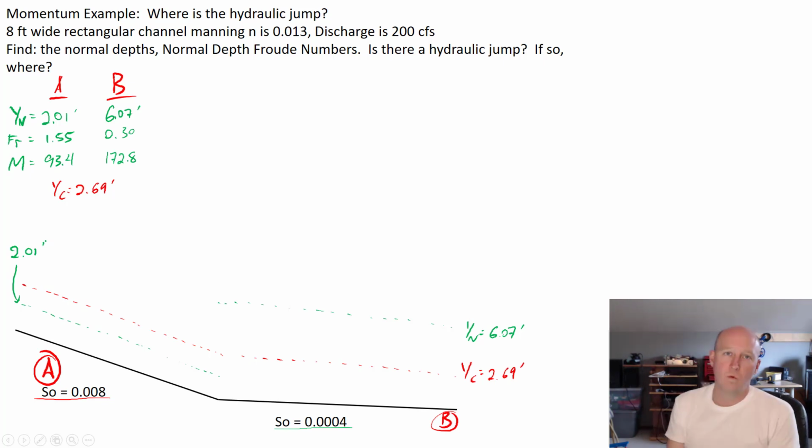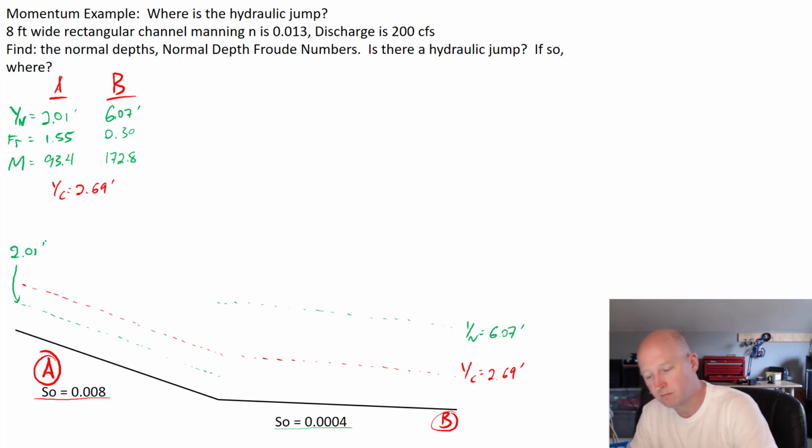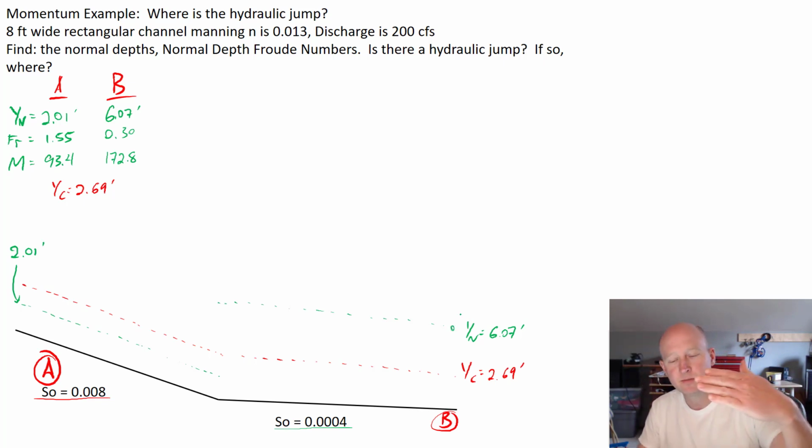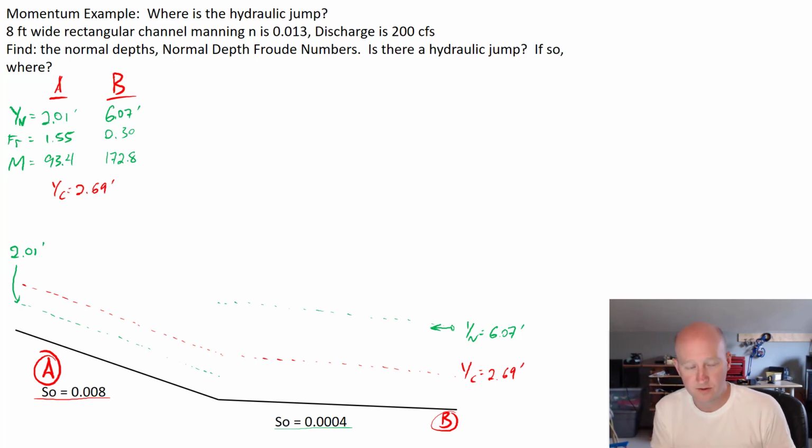Okay, so what that means, because we've got a supercritical channel upstream and a mild, or subcritical, channel downstream, is that for the subcritical section, downstream controls. Water's working its way from this point of interest upstream, so the control direction is that direction on the subcritical side.